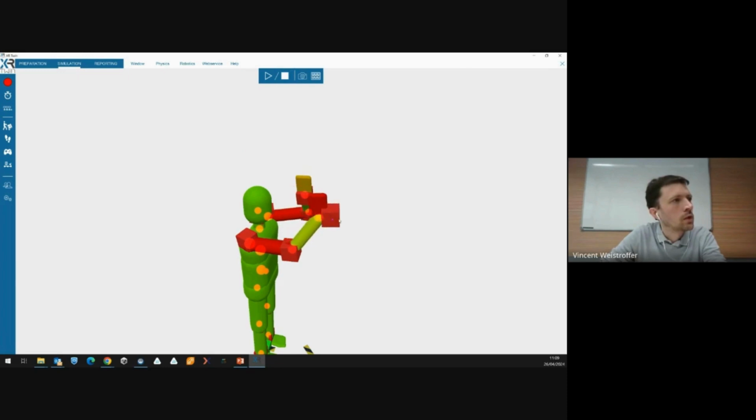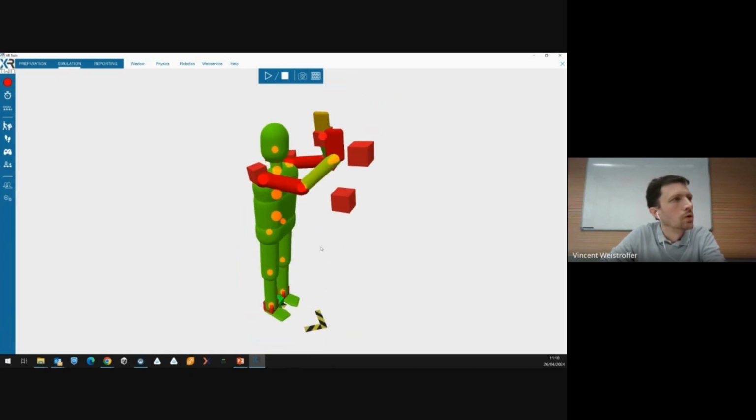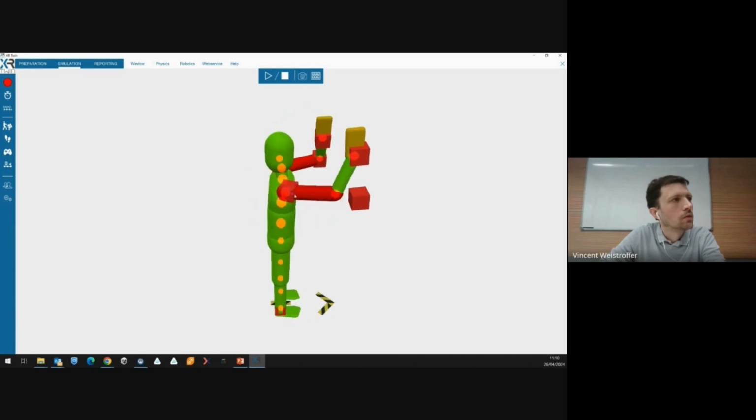If I move here, then the mannequin will try to find the most suitable position and posture, even if it's not reachable. You have invisible springs between the red cubes and the corresponding bone it controls. And it's the same for the arm here, and it would be the same for the legs.